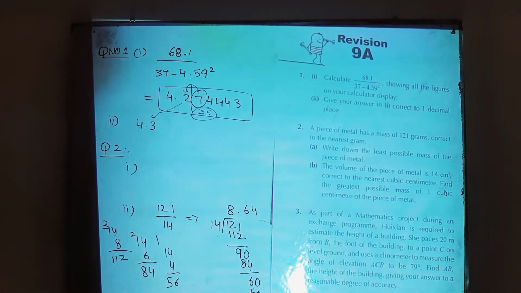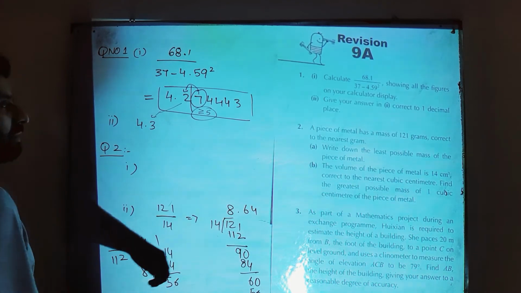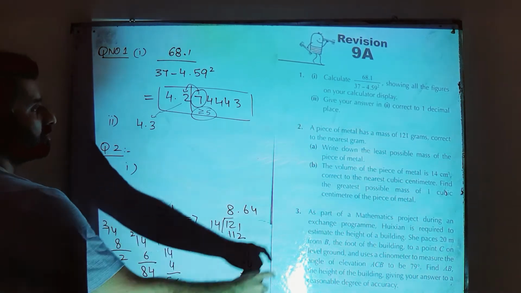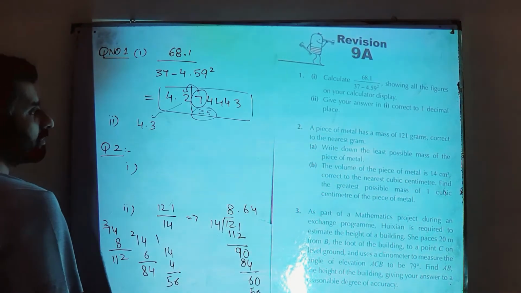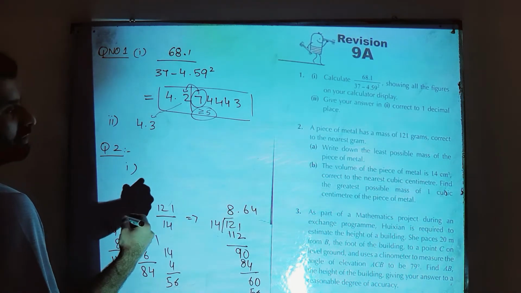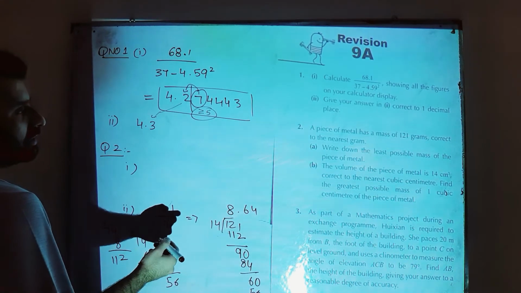In question number 2, a piece of metal has a mass of 121 grams, correct to the nearest gram. Write down the least possible mass of the piece of metal.